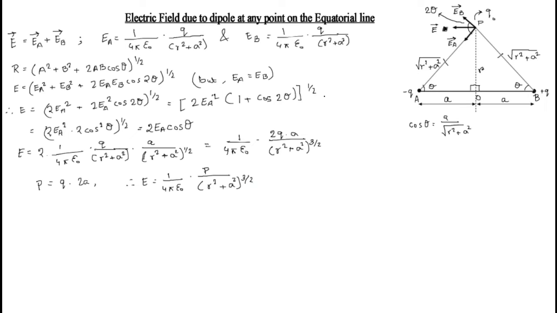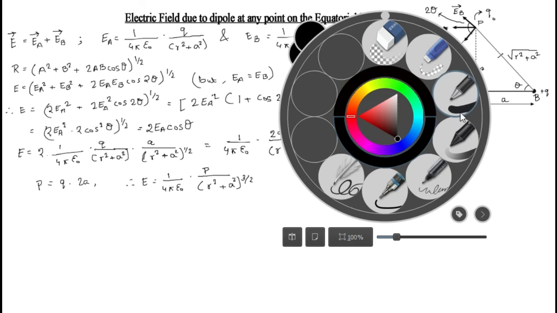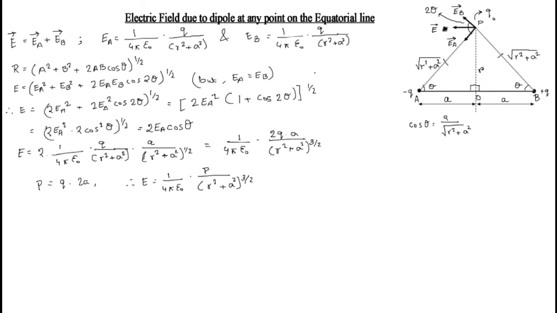Perfect. So this is the expression we are used to. I will mark this expression out like that. We need to remember this form, right.